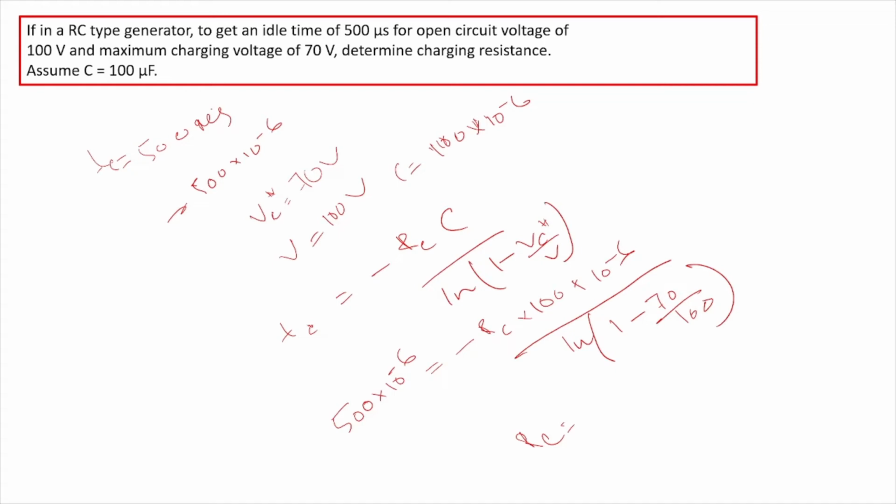If I'm not wrong, 5 into 1.2 is around 6, right? 6 ohm. Are you getting it like this? Is it okay? Yes, ma'am. Okay, fine.